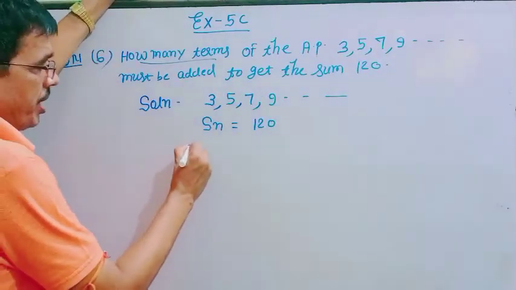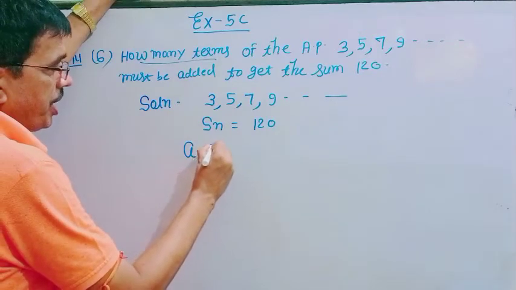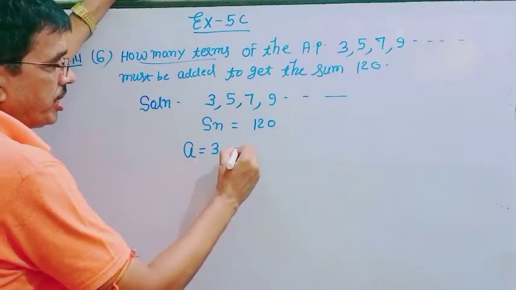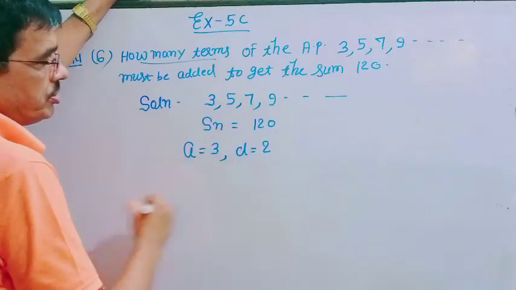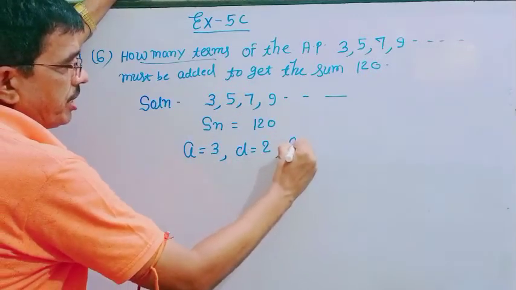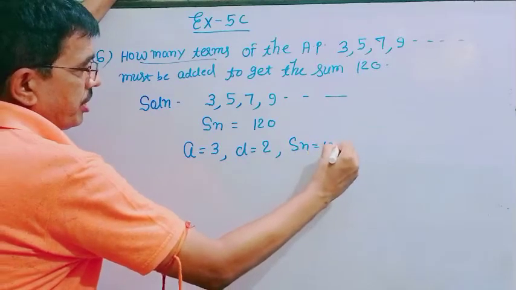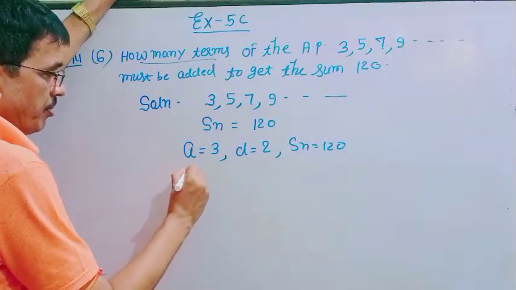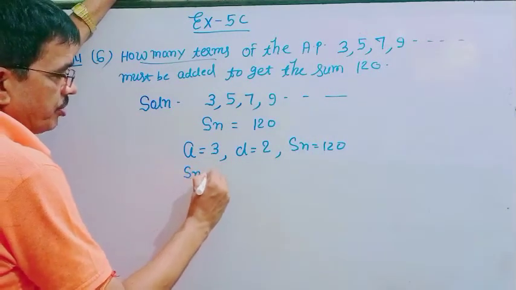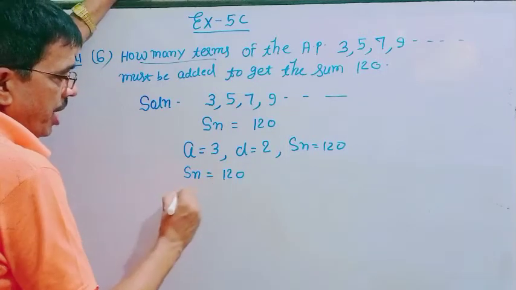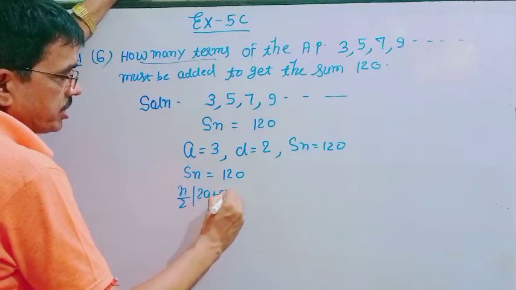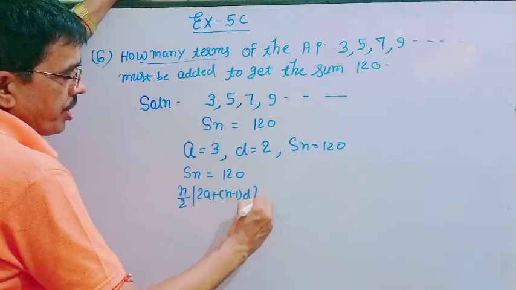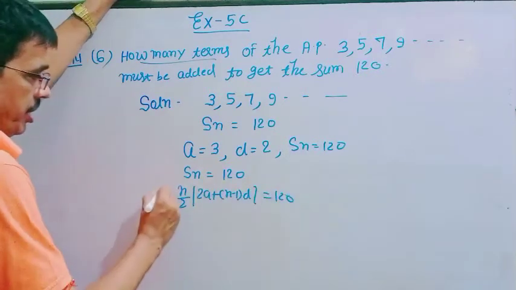So first you write what is a: a is 3. What is d? 5 minus 3, that is 2. And Sn is 120. Then use the formula: Sn is equal to n by 2 into 2a plus n minus 1 into d, equal to 120.